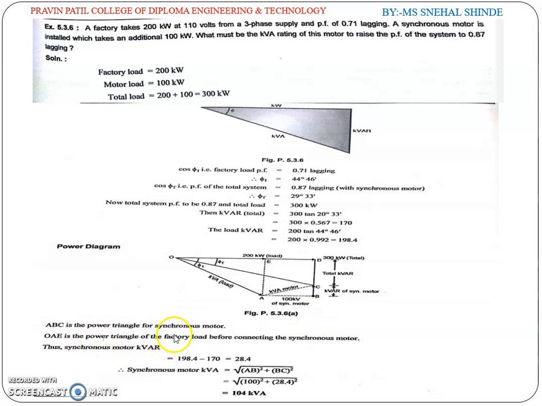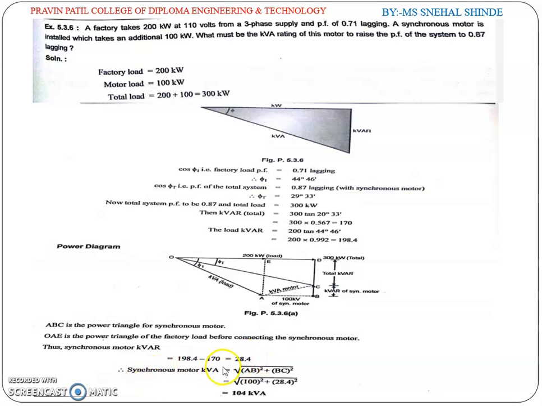So ABC is the power triangle for synchronous motor, and OAE is the power triangle of the factory load before connecting the synchronous motor. Thus the synchronous motor kVAR equal to 198.4 minus 170 equal to 28.4.